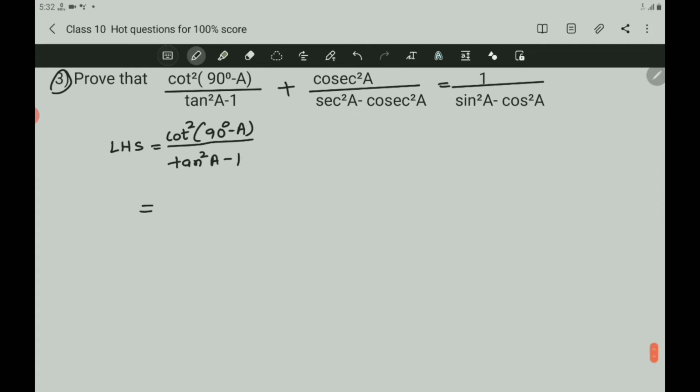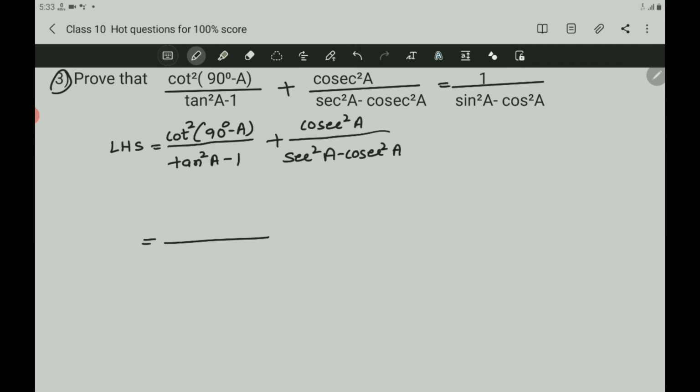Plus cosec²A divided by sec²A minus cosec²A. That equals, cot(90 minus A) is tan, you know.